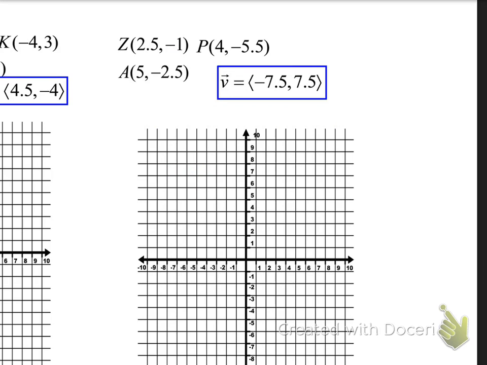All right, so this last one here, 2.5, so I would go right 2 and in between 2 and 3, so halfway through, and then I would go down 1, so my Z is going to be right there.